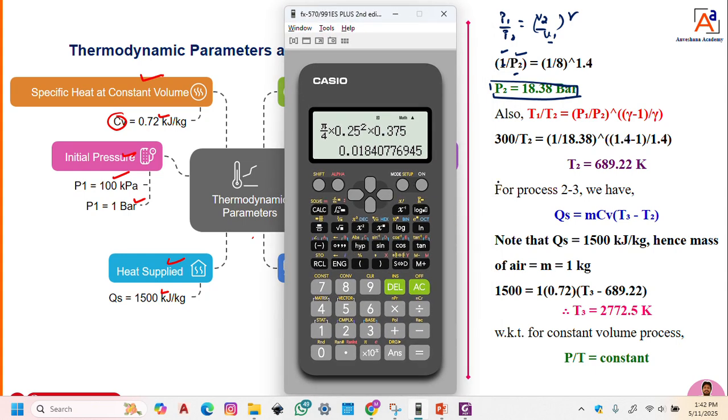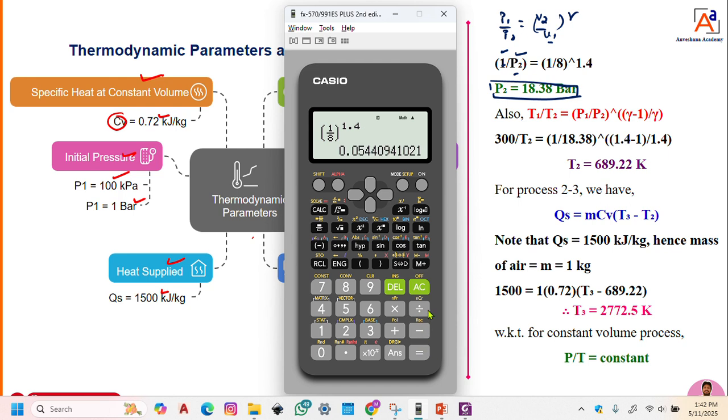So you can substitute here: 1 divided by 8 in brackets to the power of 1.4.